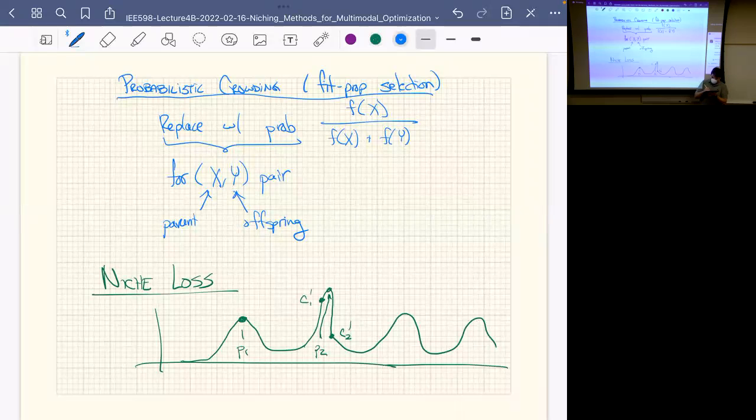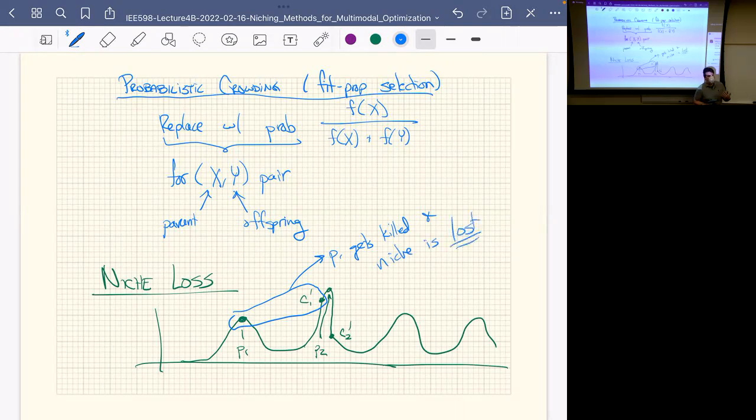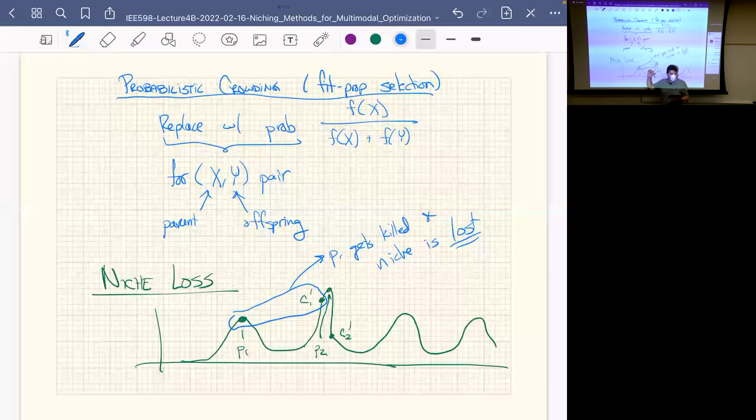Now, if you happen to compete P1 versus C1, P1 gets killed, and the niche is lost completely. So if you happen to have a few parents being the sole members of a niche, then this tournament selection or even this probabilistic crowding can end up pairing individuals that span a large space across from each other and just destroying an entire niche. So this isn't so great.